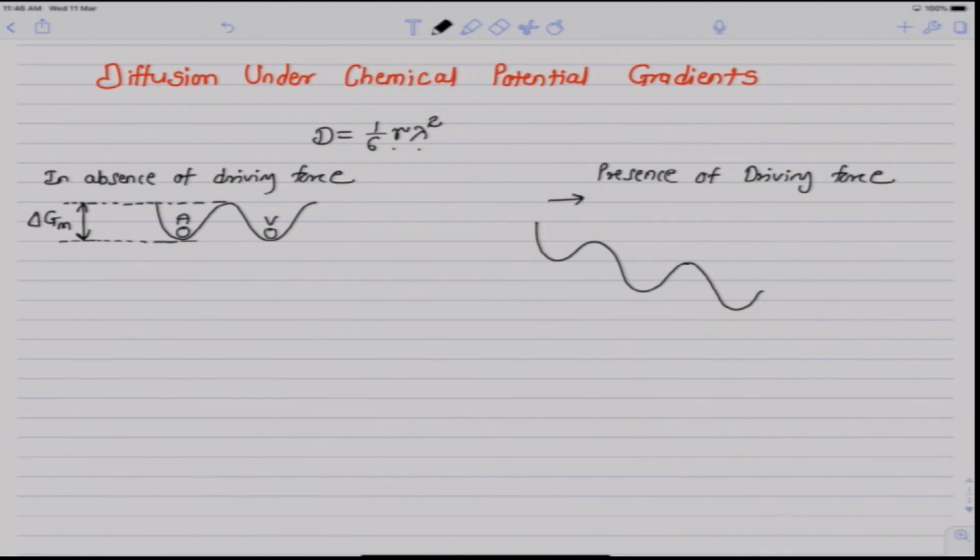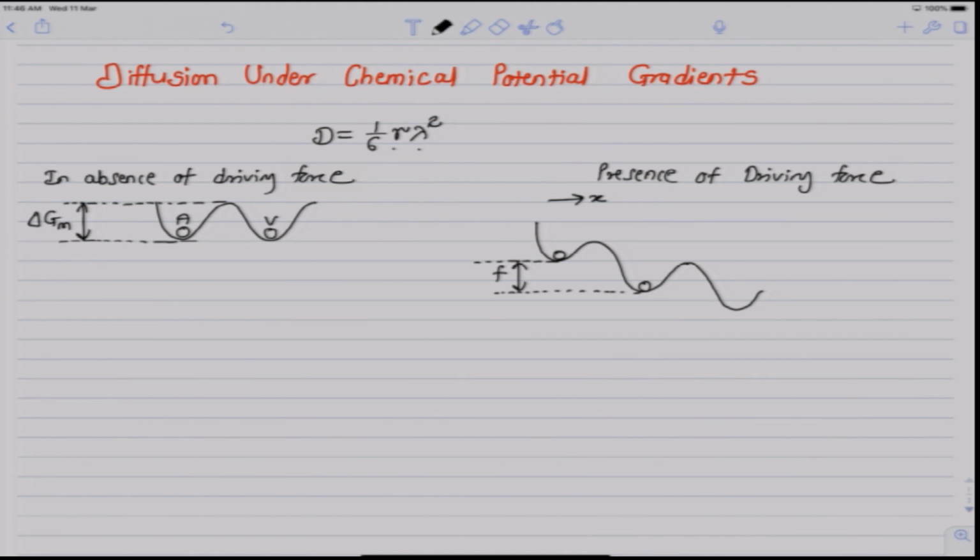Let us say there is a driving force in the x direction. When the atom jumps from this position into the next site here, it is associated with a decrease in Gibbs free energy, and this decrease in Gibbs free energy is referred to as the driving force.